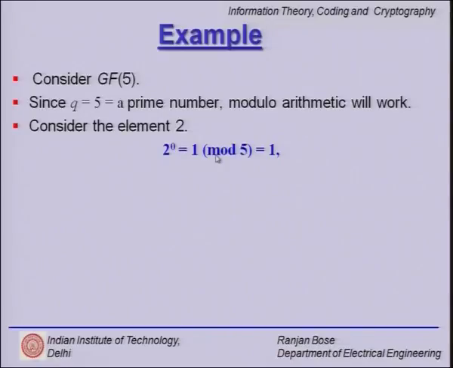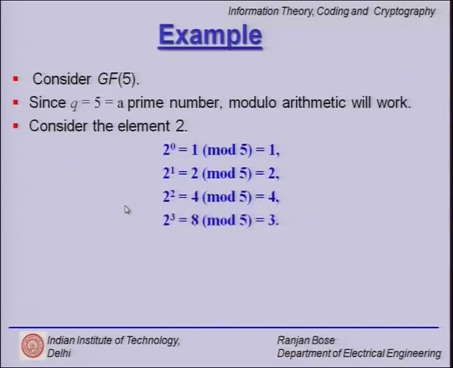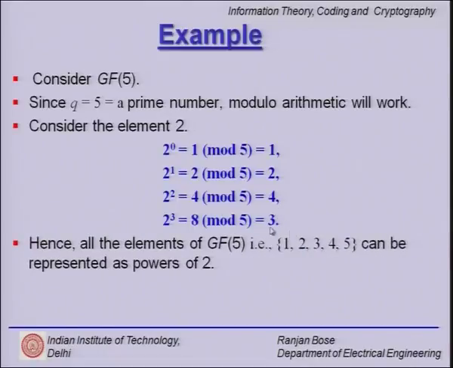So 2 raised to the power 0 is of course 1, 2 raised to the power 1 is 2, and so forth. I get the powers as another field element, and once I raise it, I can see that all the 4 elements other than the 0 element can be represented as some power of 2. Therefore, by definition, this element 2 is a primitive element.